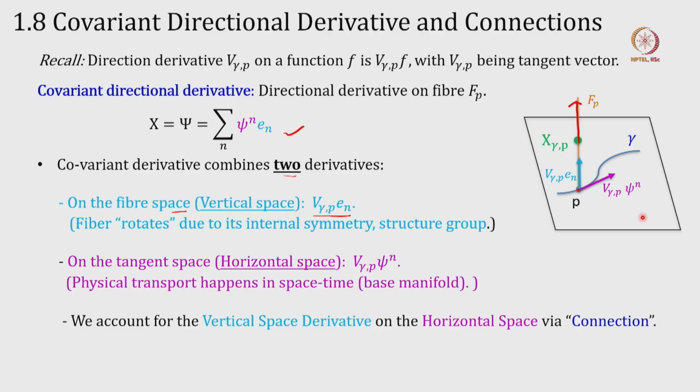So, how do we do that? We define a connection on top of this derivative on this function, which will already track down how the unit vectors are changing. Okay. We account for the vertical space derivative on the horizontal space via connection, and vector field and Berry connections are going to be the examples, but right now this is general.